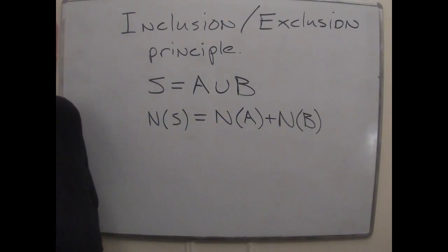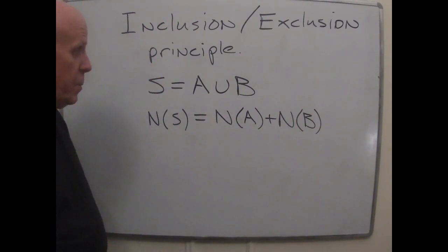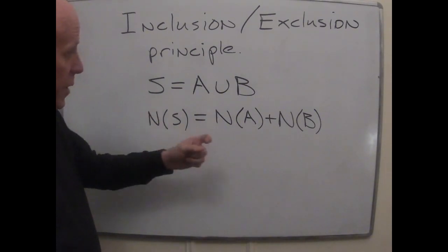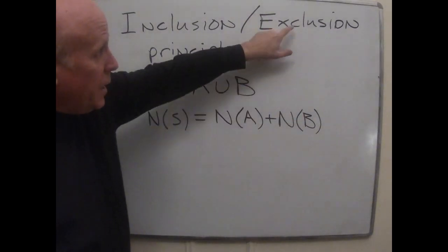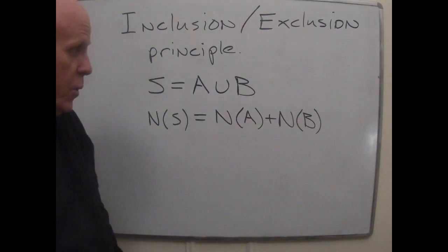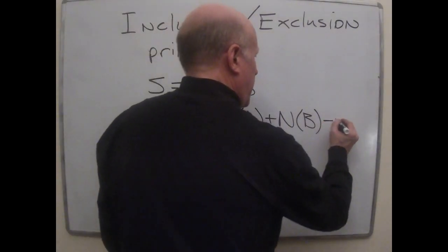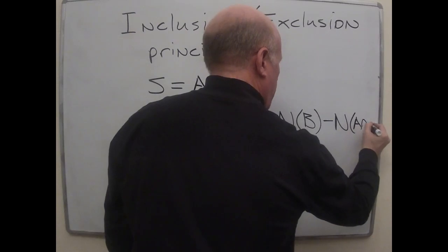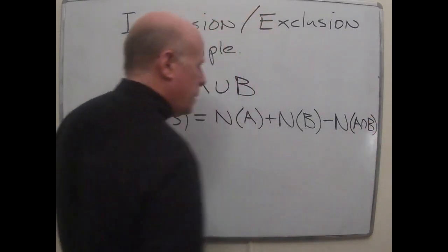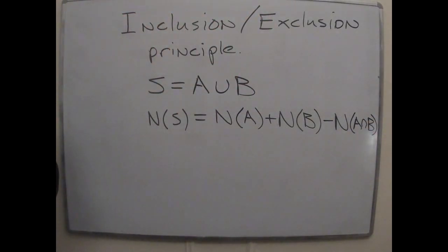But they need not be; they might have something in common. So what we're doing is including things in A and including things in B, and then we exclude things that are in both. We take away the things that are in A intersect B. And that'll be a correct count.